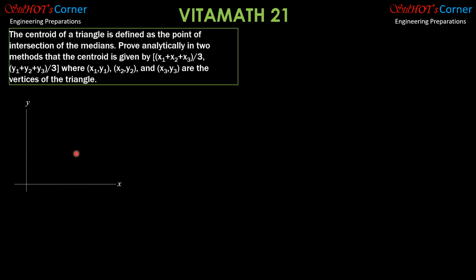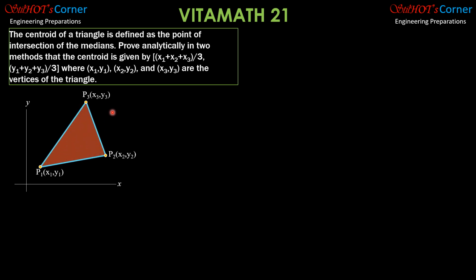So here we go. So let's have the triangle in general. Call that point 1 (x1, y1), point 2 (x2, y2), and point 3 (x3, y3). And let's locate one median, let us say here, one midpoint rather. The midpoint coordinates between 2 and 3 is simply the average of the coordinates.